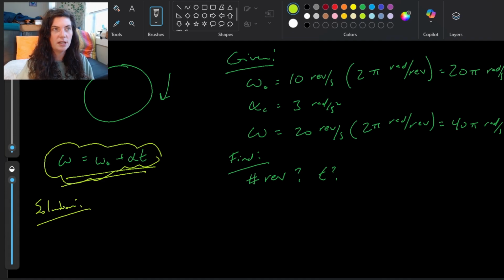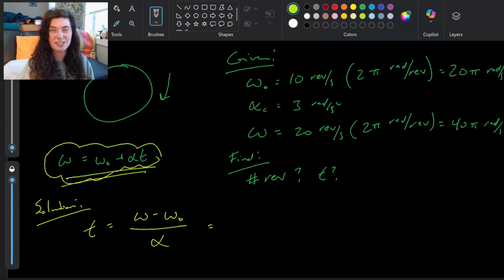But sometimes it's nice to just have an equation to plug things into, which is what I'm going to do here. So for my time, if I rearrange this, I'm going to get omega minus omega naught all over angular acceleration. Just rearranging that equation that I wrote.